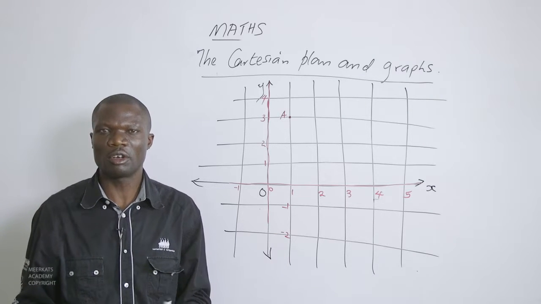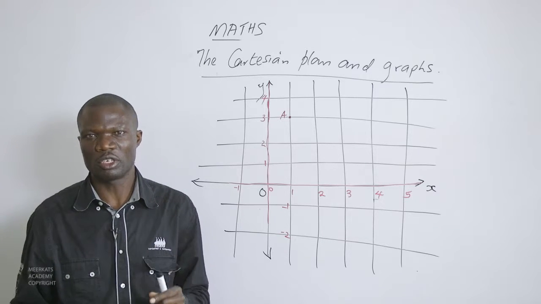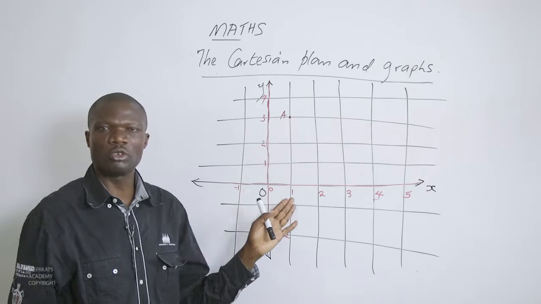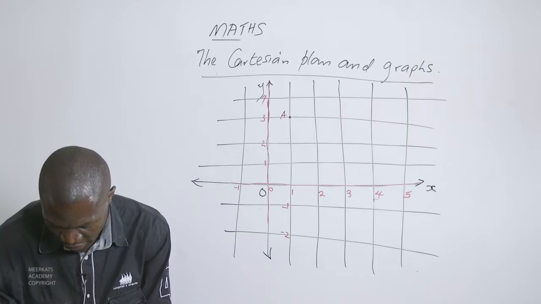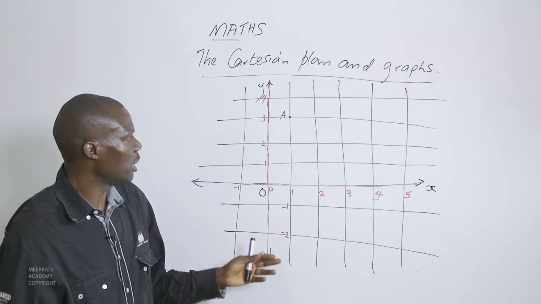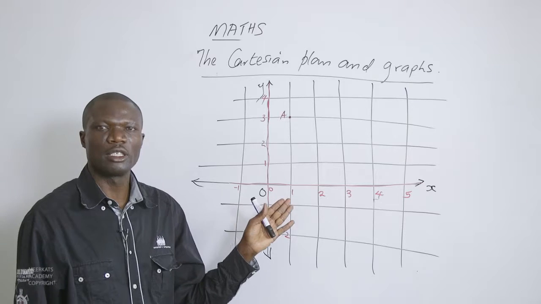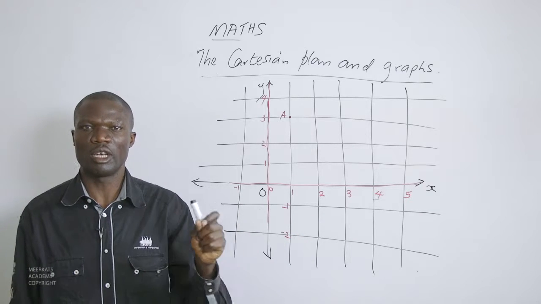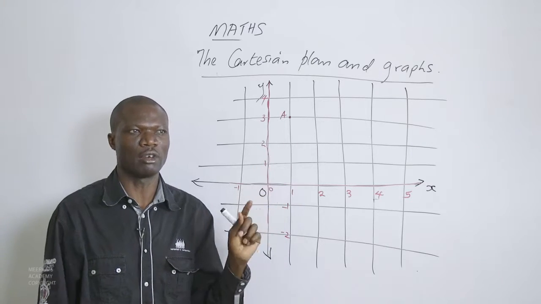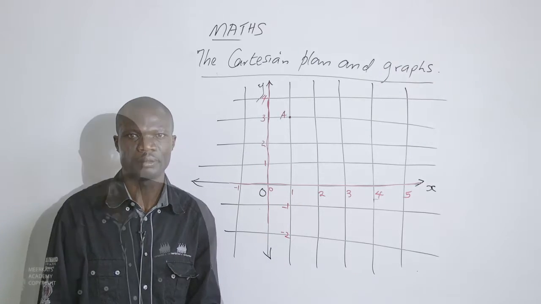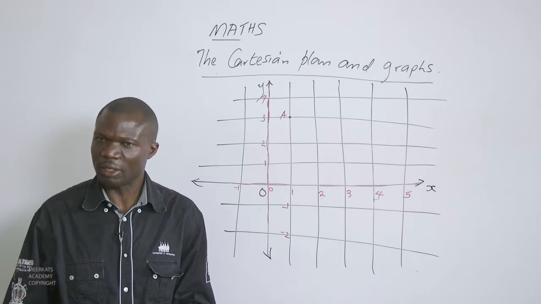From our general knowledge and our previous lessons, you will notice that we were able to read the values here. While reading the values, we read the x-axis value, which is the input value, first, and then we read the y-axis value next.